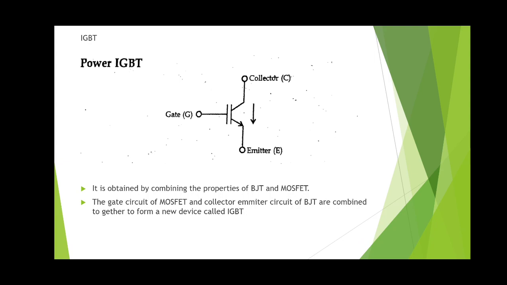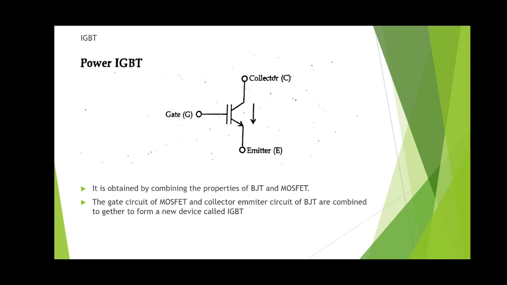The symbol is shown in the figure. It has got three terminals, that is the collector, gate and emitter. So it is the device which is obtained by combining the properties of BJT and MOSFETs.